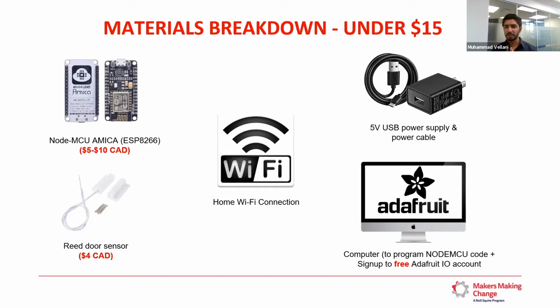I've kept the design as Loretto had posted it because she used such basic equipment, and I thought, there's no need to complicate it because people will be making it at home without a lot of expertise. So let's keep it simple. Let's keep it easy. So yeah, NodeMCU and a reed sensor. And then of course you need a computer and Wi-Fi for the device to connect to the server and send notifications. So yeah, next.